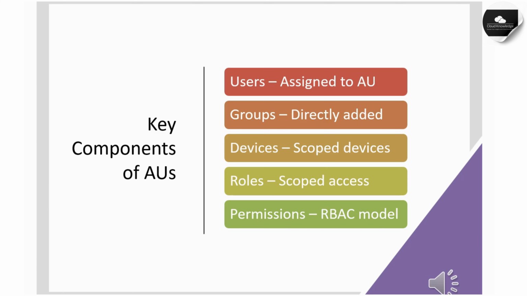We can assign a role to that logical boundary that we have created, and the permissions will be as per the RBAC model, role-based access control, meaning the particular role will give particular permissions to that user. So these are the basic key components. After that we can go to the Azure portal and see the details we have in the AU itself.